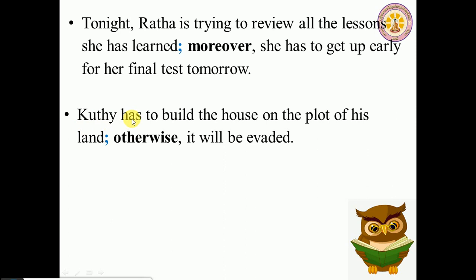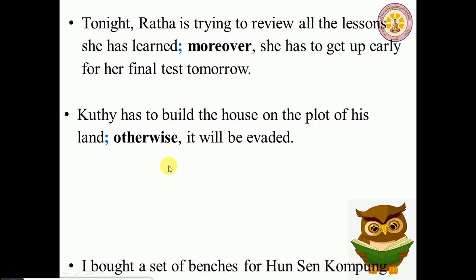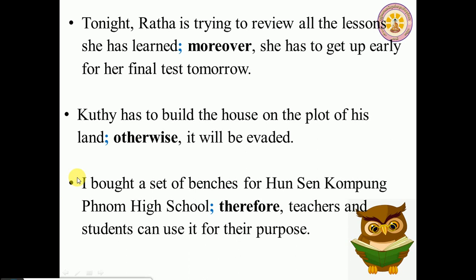One more: Koti has to build a house on the plot of his land; otherwise, it will be invaded. So otherwise is the conjunctive adverb used to join two main clauses, with a semicolon after the first main clause and a comma after the conjunctive adverb.